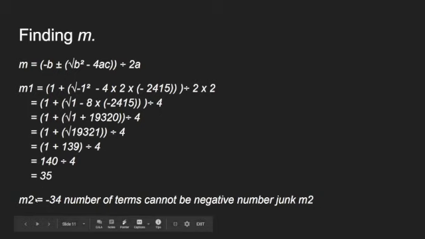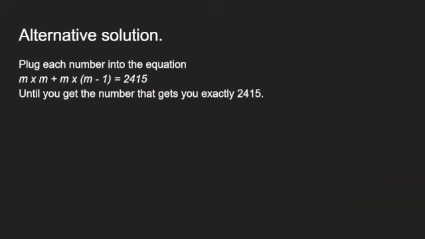And you can't have a negative number of terms, so we're going to forget about m2. So m equals 35. And if you didn't understand this, there's another alternate solution. You can just plug in each number into the equation until you get the number that gets you exactly 2,415. Okay? And that is the answer.